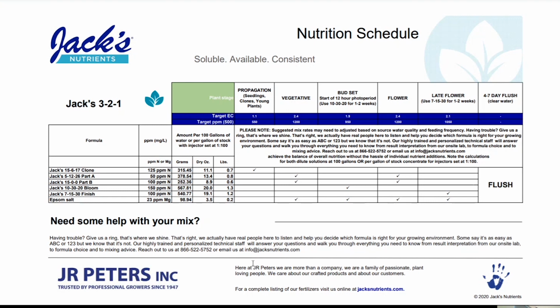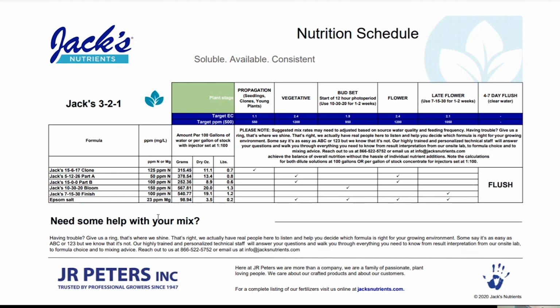So this pertains to the concentration of nitrogen or the concentration of magnesium that each formula is going to deliver to the plant at the specified mixing rate outlined in the particular schedule. So in this column, ppm of nitrogen or ppm of magnesium is equal to milligrams per liter. So again, this refers to the concentration.